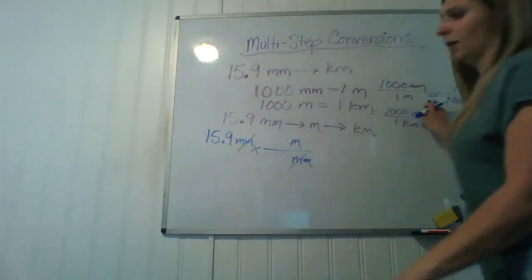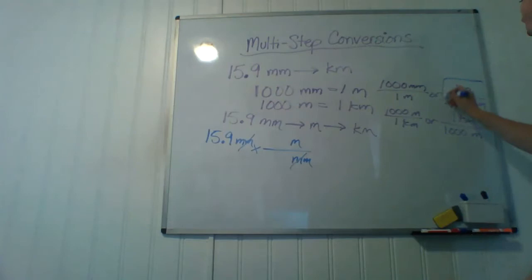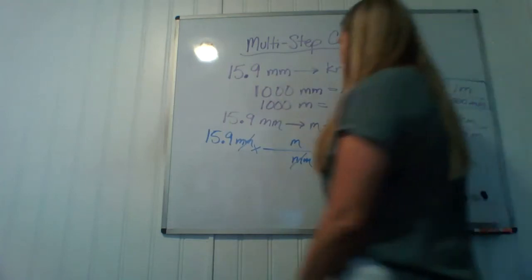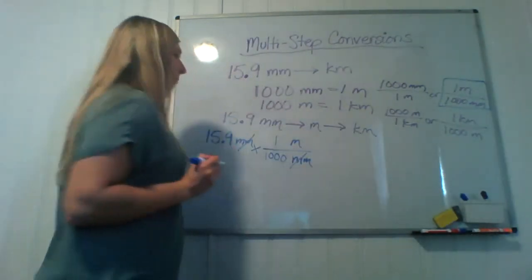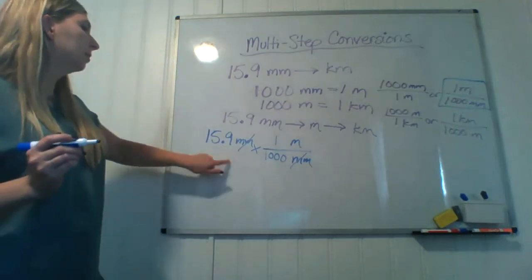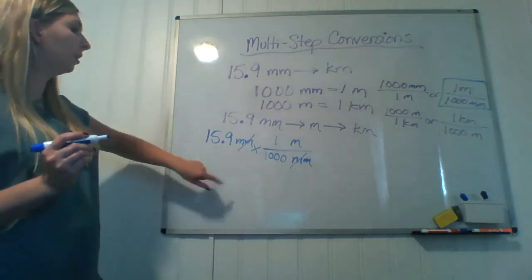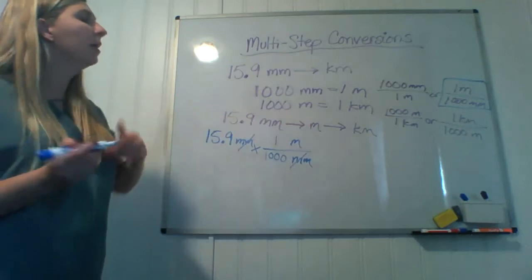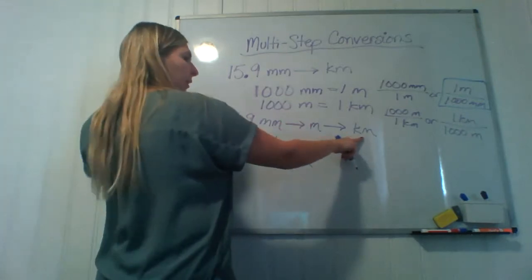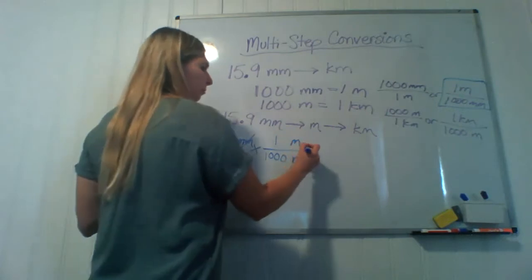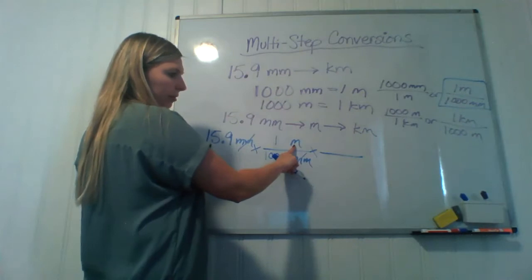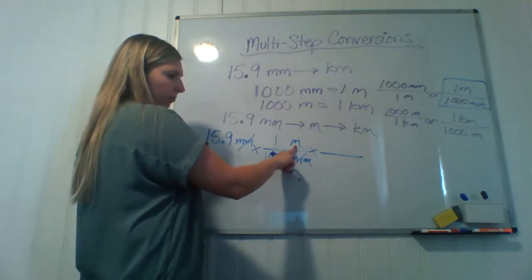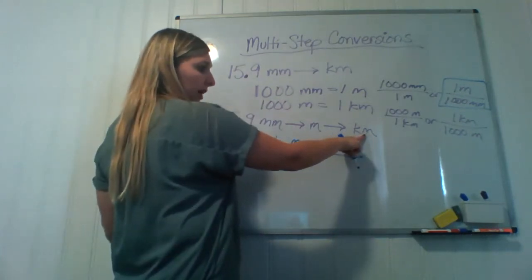So looking over here, I see that I would need to choose this conversion factor: 1,000 millimeters on the bottom and 1 meter on top. Okay, so that is your first conversion to meters. Now your second conversion is going to be going to kilometers. In this next step, we look to see what unit we have and what unit we want.